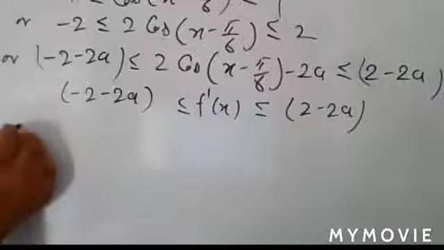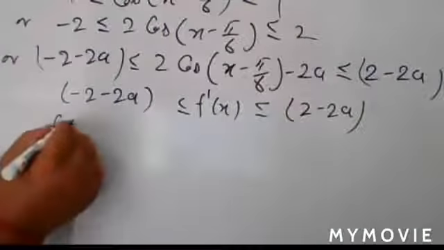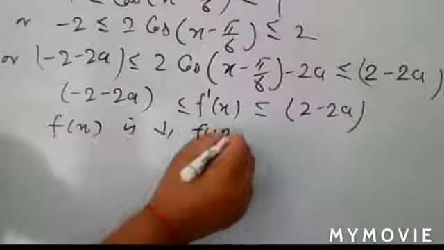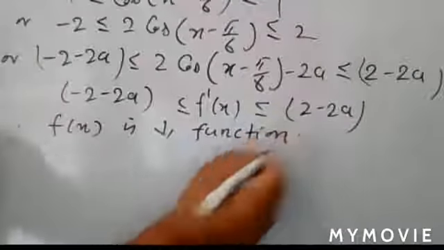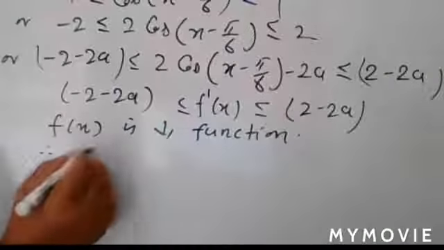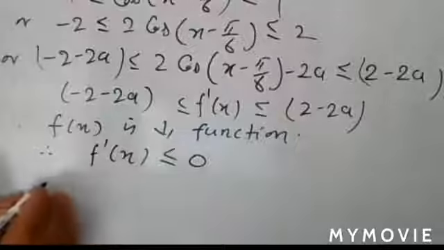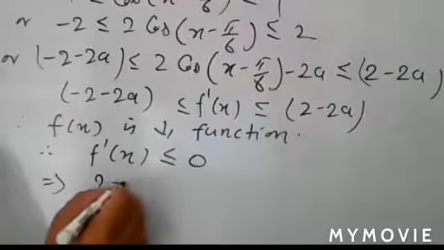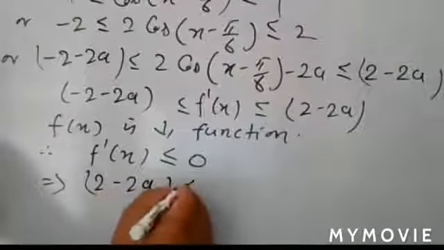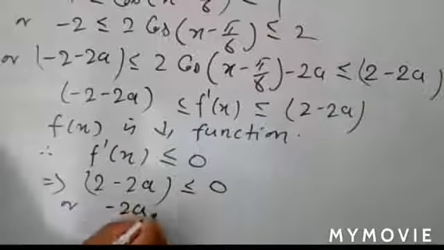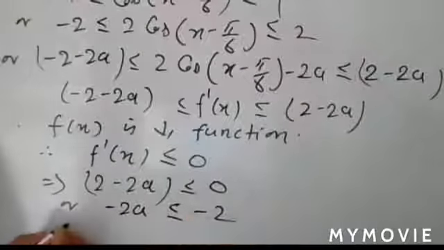So you write here, since f(x) is decreasing function, so f dash x is less or equal to 0. So this implies 2 minus 2a is less or equal to 0. Okay, or you have minus 2a less or equal to minus 2.